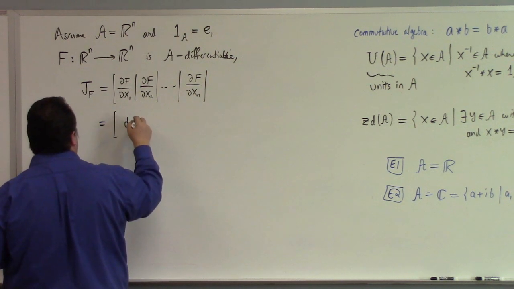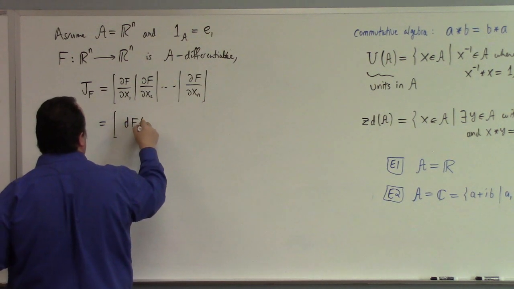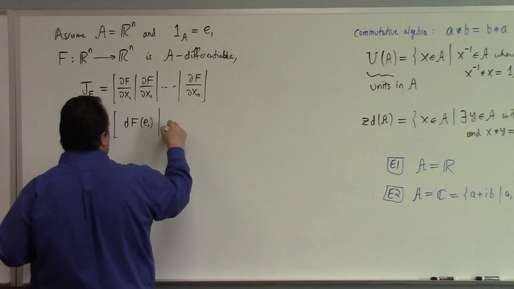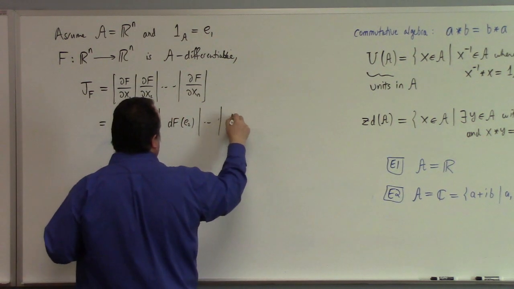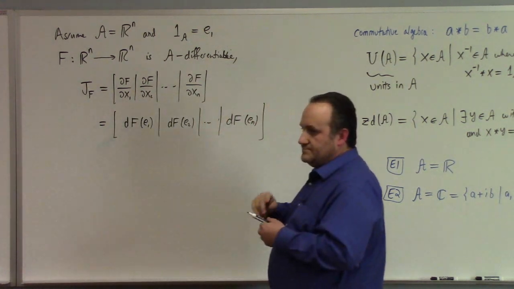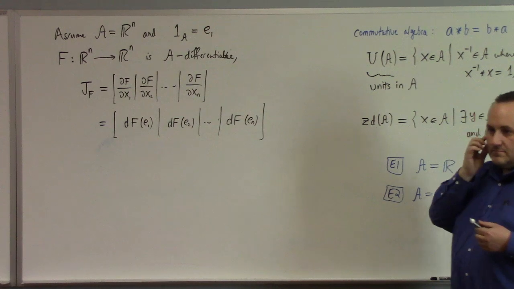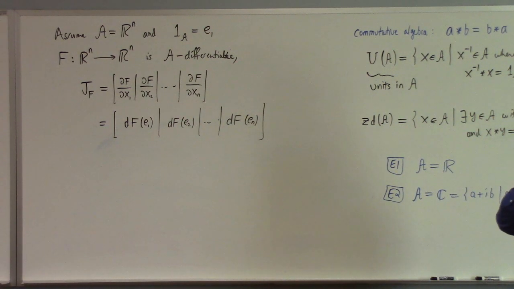I'm starting to regret not writing the point dependence, but you'll forgive me. The Jacobian is, after all, the standard matrix of the differential. So to find the first column in the standard matrix, we operate by e1, then e2, all the way out to en.